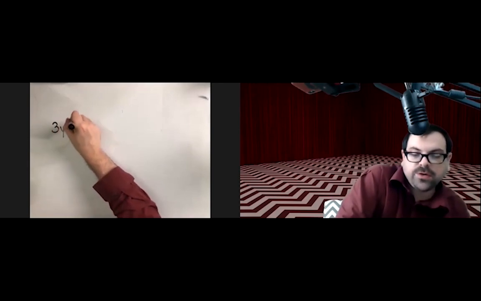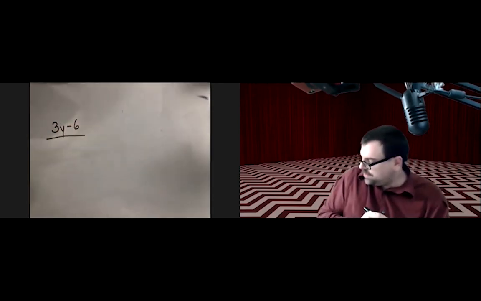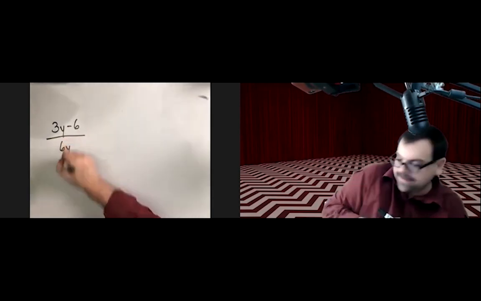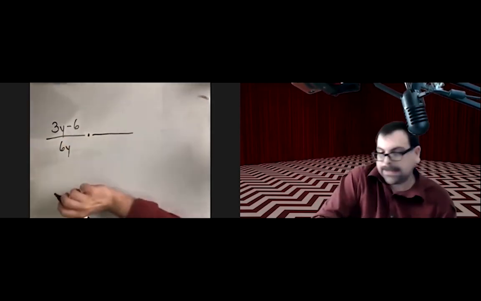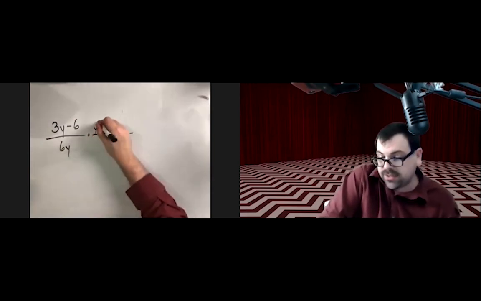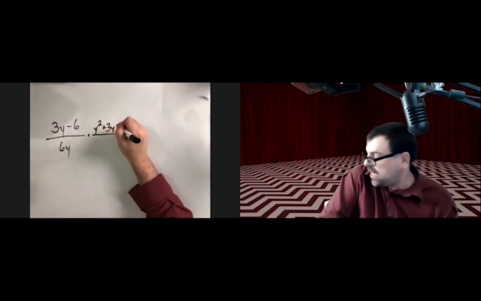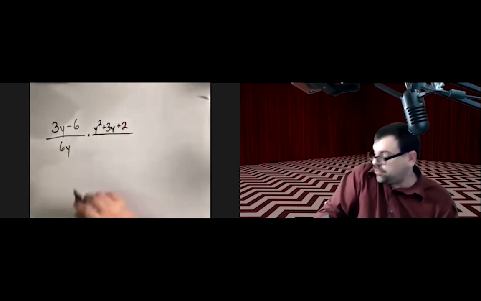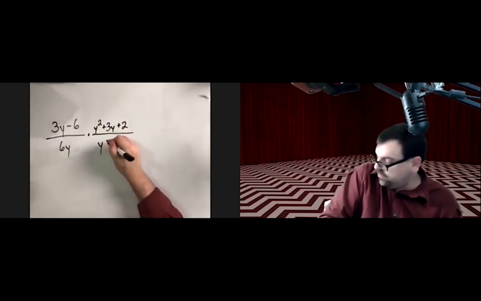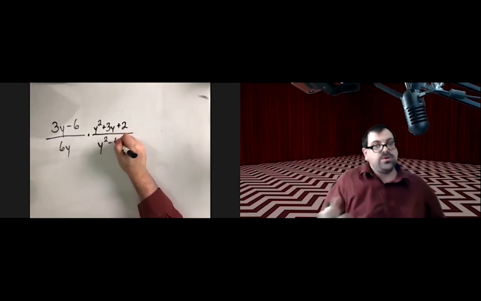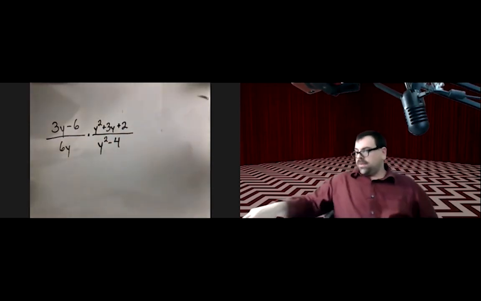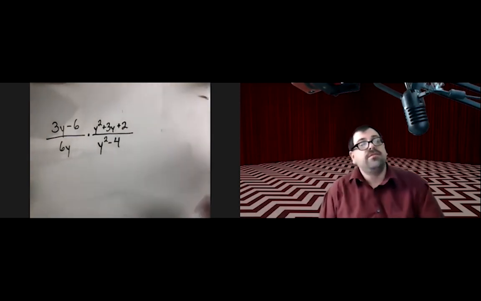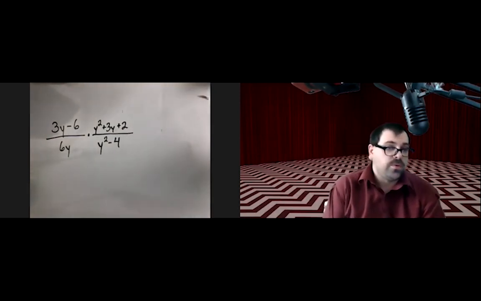Next, let's look at 3y minus 6 over 6y times y squared plus 3y plus 2 over y squared minus 4. What we're doing every time doesn't change, but what will change every time is the level of factoring that'll be required of us.